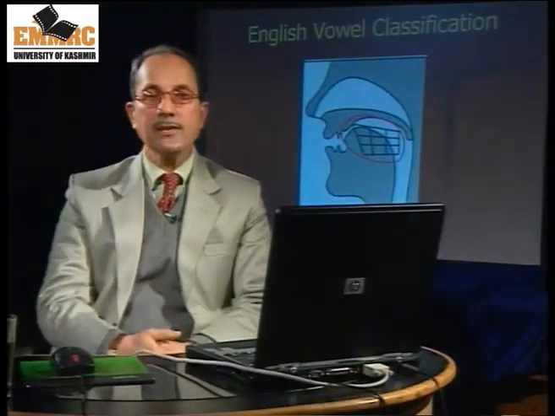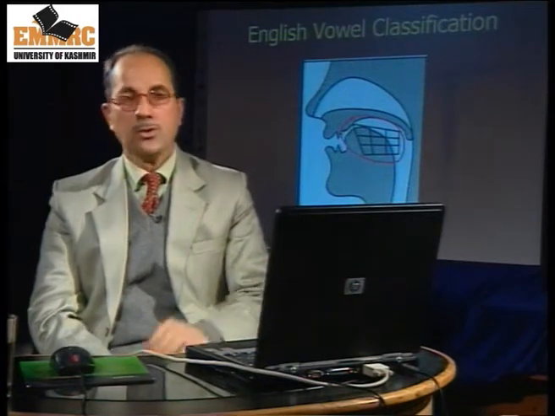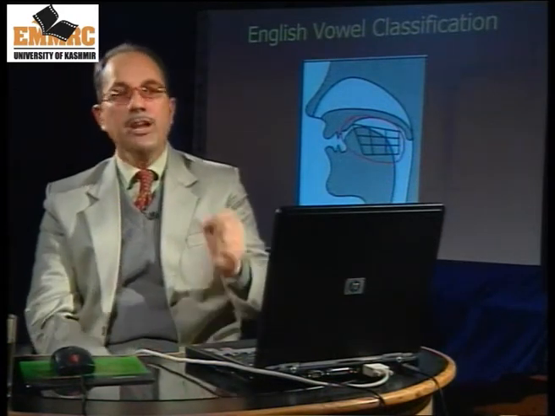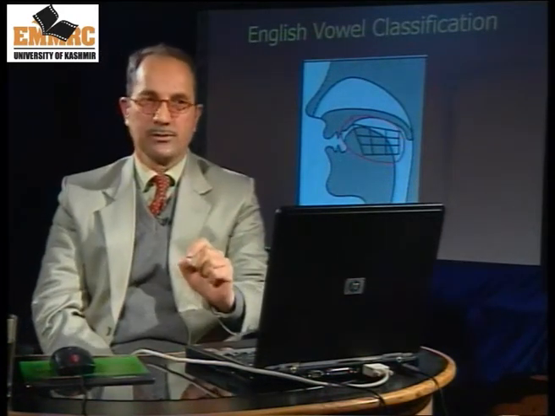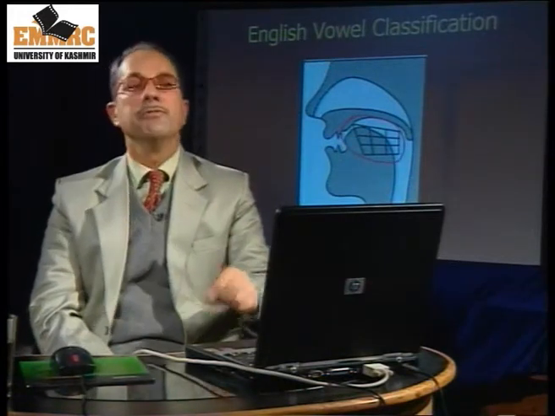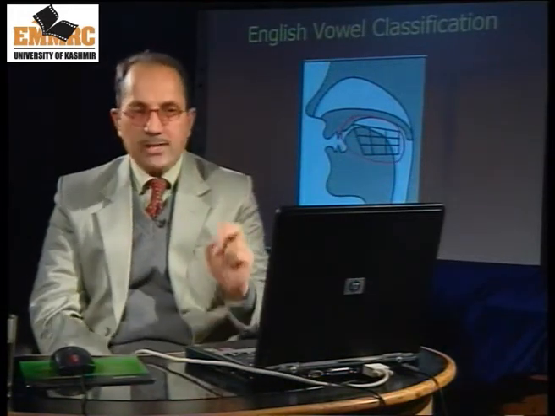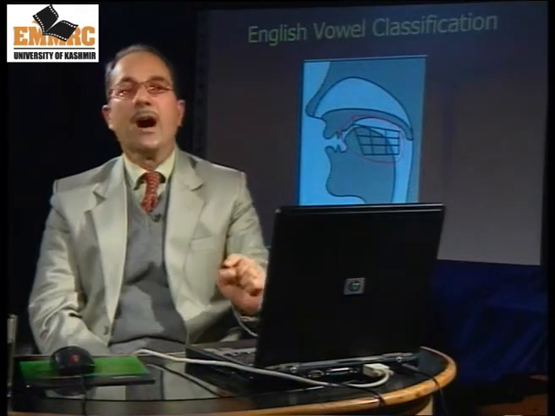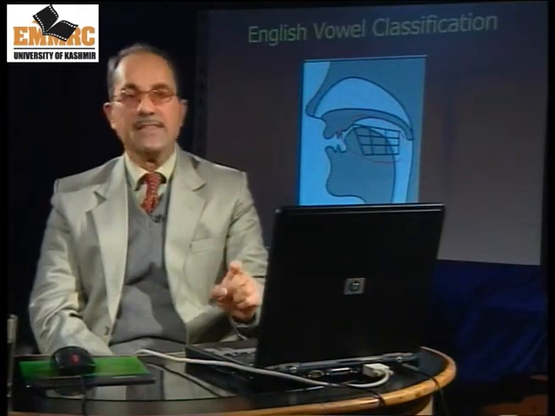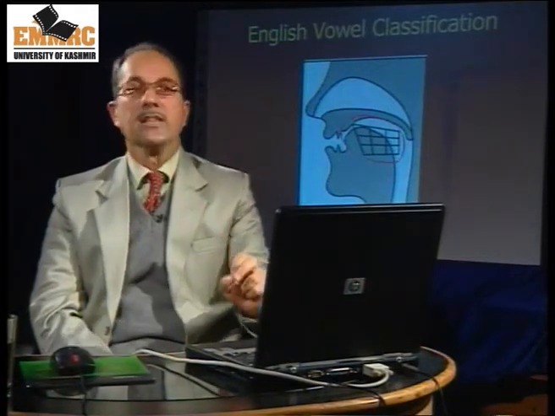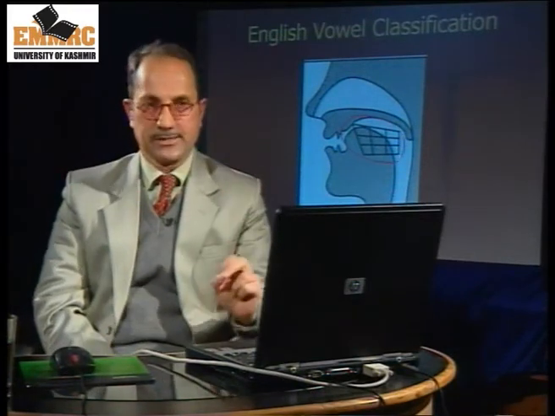When we move to our next lesson, we'll be looking at other sounds in the English language which are also vowel sounds, but they are not simple, they are not pure vowels, they are called diphthongs.